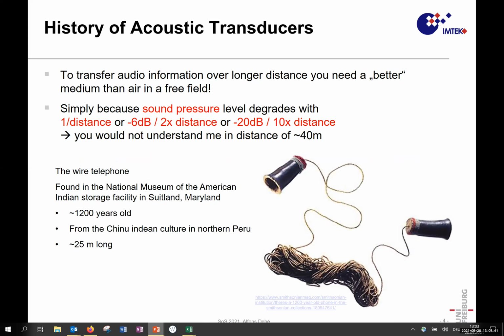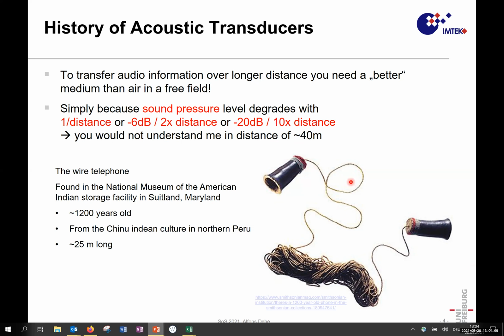And I have this nice example from the Smithsonian Institute Museum that found in their storage facility this device, which is 1,200 years old, from the Chino Indian culture in North Peru. The two beakers with a diaphragm at the end and a 25-meter long wire in between.